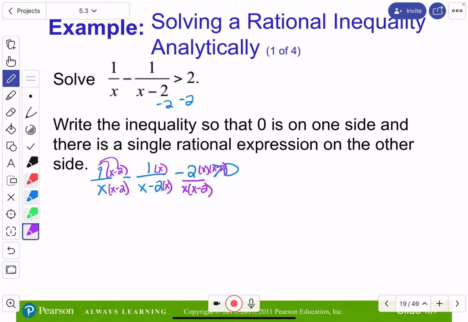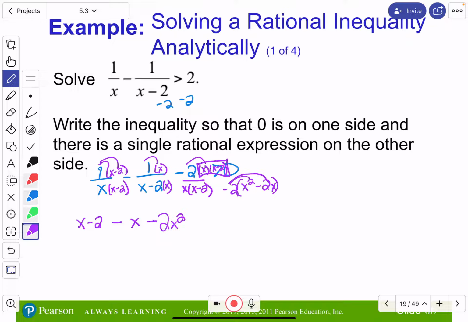So here we distribute, and we get x minus 2. Here we distribute, so we get minus x. Here, first I'm going to multiply these two together. So I would get x squared minus 2x. Then I distribute the negative 2 to that. So negative 2 times x squared is negative 2x squared.